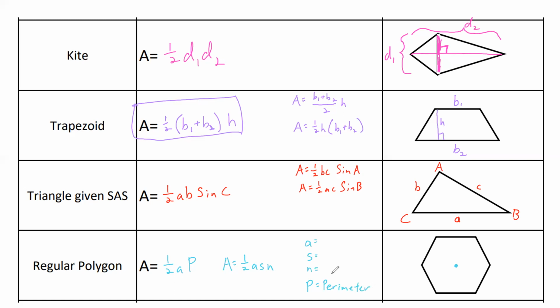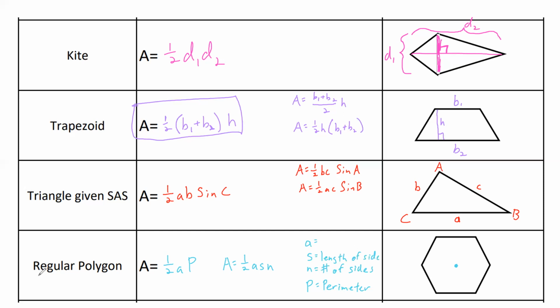All right. We've used n before. Does anybody know what n stands for in this one? It'll be the number of sides. So however many sides there are in this shape, we have a hexagon, so it'd be 6. s is going to be the length of a side.